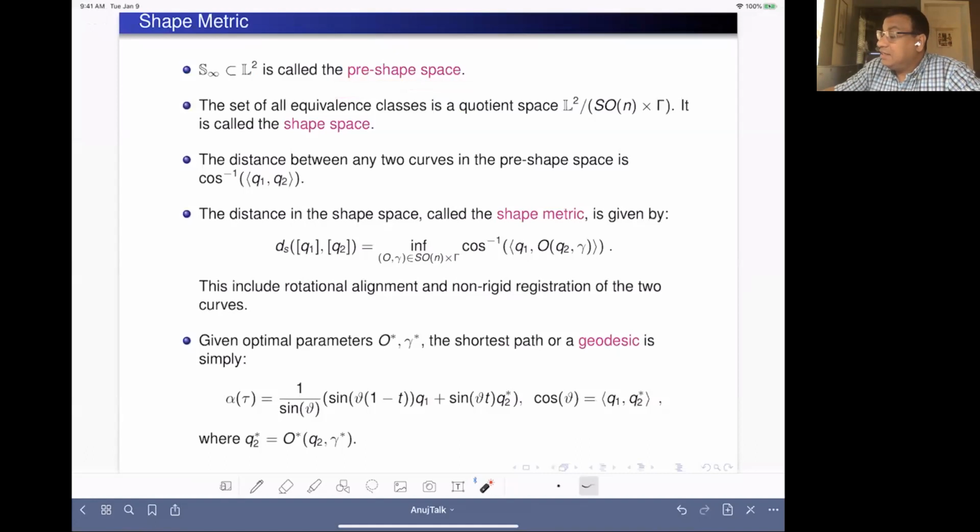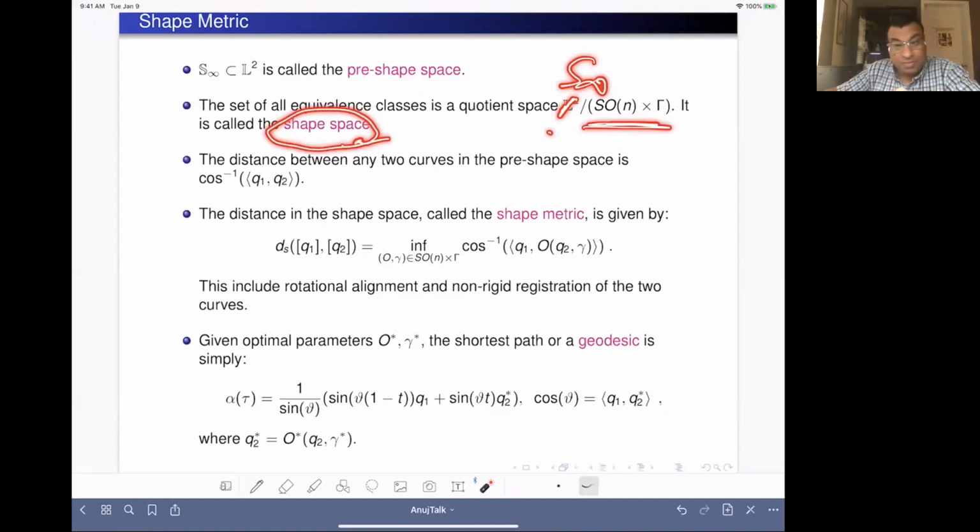Because in this space, if we change the parameterization of a curve, or if you rotate a curve, we get a different Q function. And so that's why it's called a pre-shape space. And later on, there is a slight mistake here. This should have been S infinity here. And by forming these orbits, we form a quotient space, and that quotient space is called the shape space of planar curves.